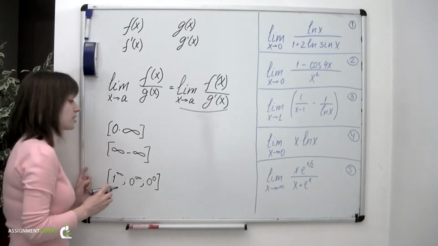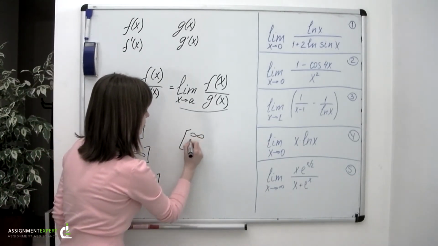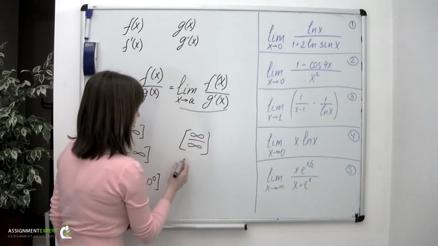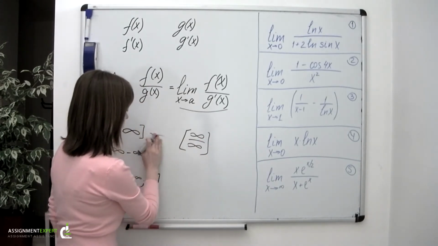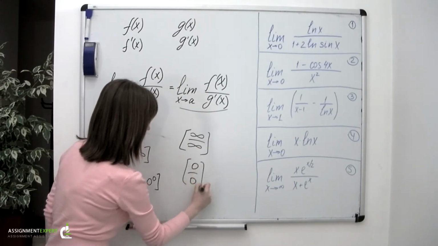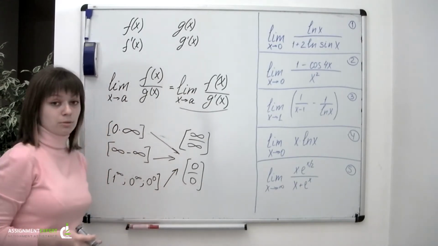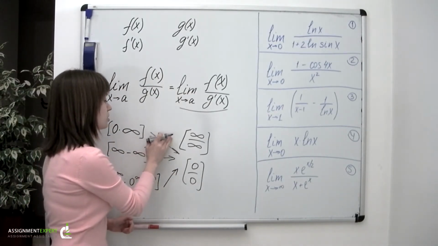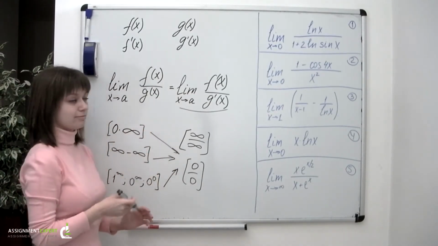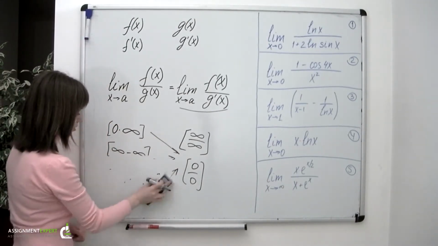And these are forms that can be transformed into the forms of the quotient, infinity over infinity or 0 over 0, so that we could try and use L'Hopital's theorem. That's how it goes.